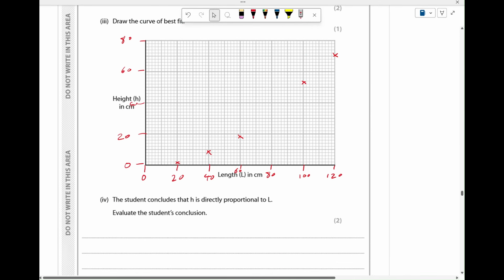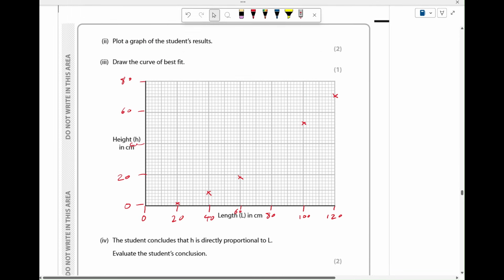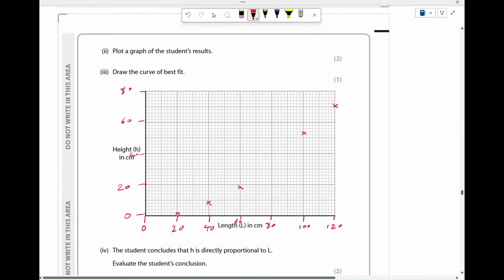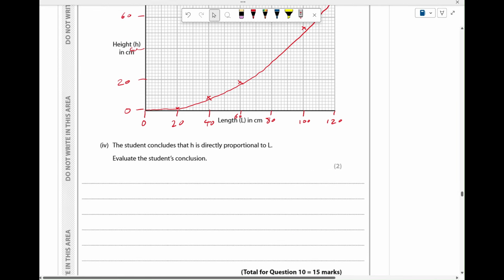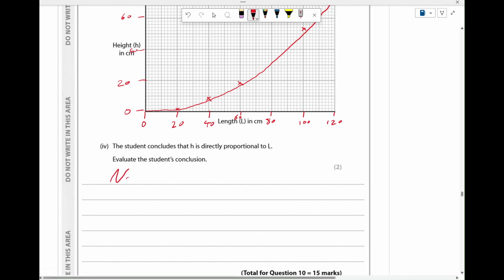Nice. Okay, concludes that H is directly proportional to L, and actually we've got a curve of best fit, don't we? So no, this is not correct.